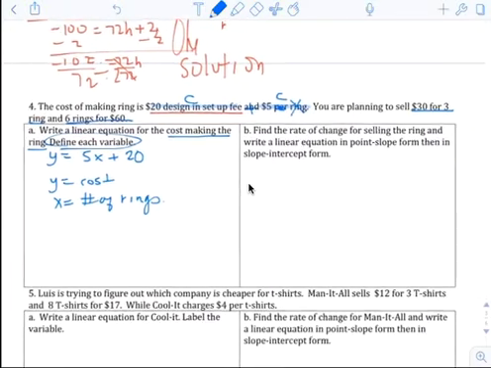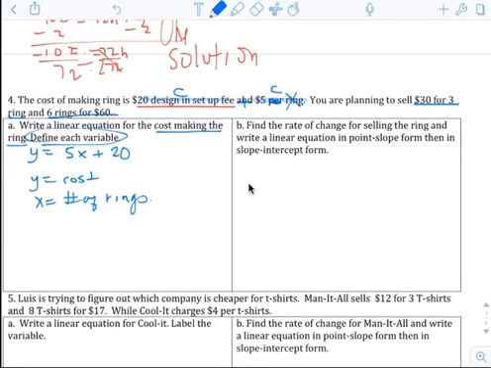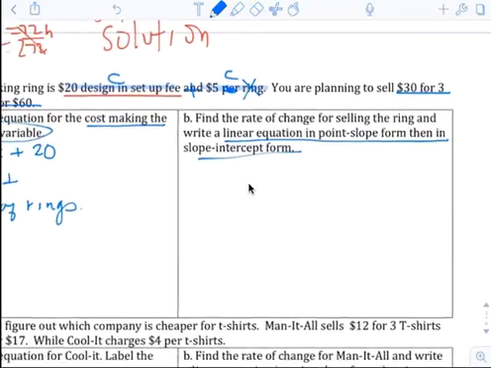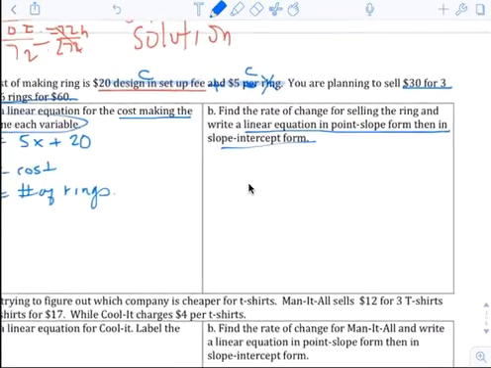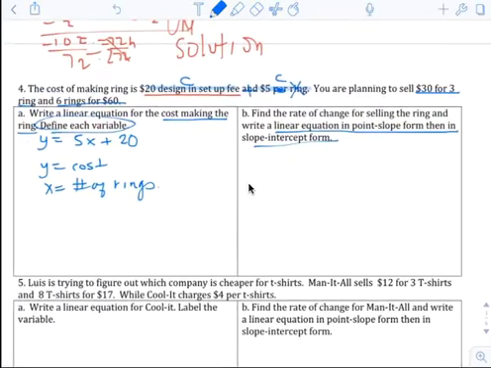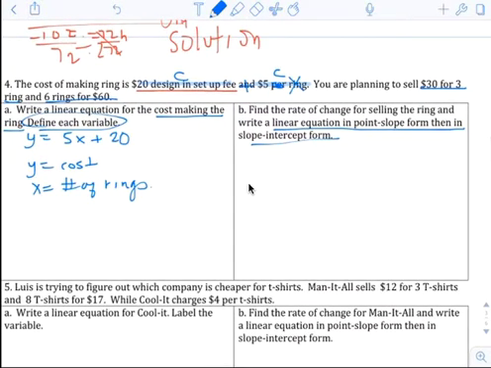Find the rate of change for selling the ring and write a linear equation in point-slope form, then in slope-intercept form. Okay, find the rate of change for selling the ring. Rate of change is slope, which is m.